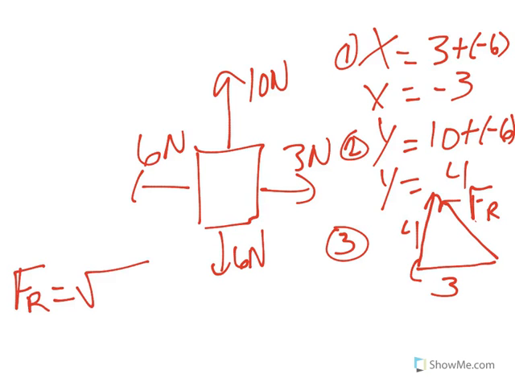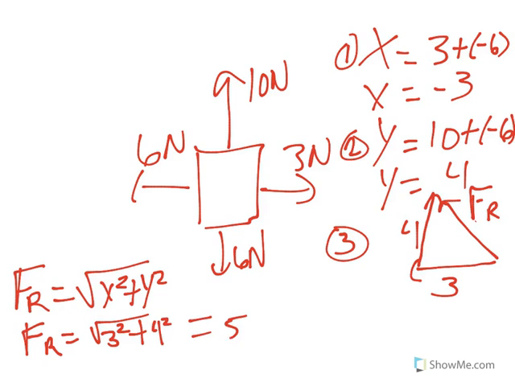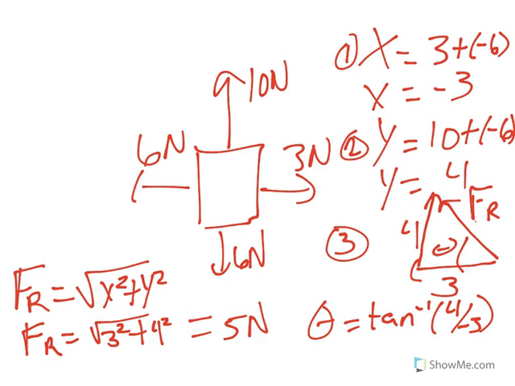Resultant force equals the square root of x squared plus y squared, which would be the square root of 3 squared plus 4 squared, and we would get 5 newtons. Okay? And then if we needed to, we could do inverse tangent y over x, which in this case would be 4 over negative 3, and you could plug that in the calculator and get the answer. And that would be your angle right there.